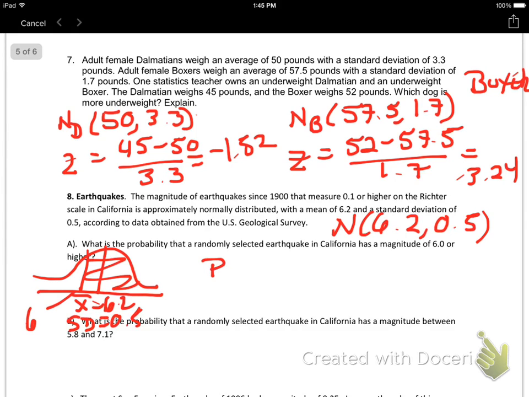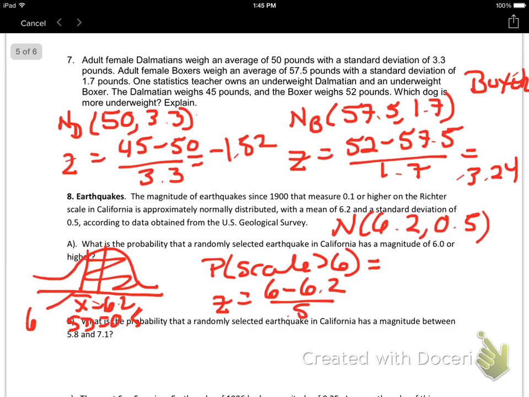So the probability the scale is greater than 6 is equal to, so my z-score is going to be 6 minus 6.2 divided by 0.5. Okay, let me go find my z-score. Okay, so I get negative 0.4.